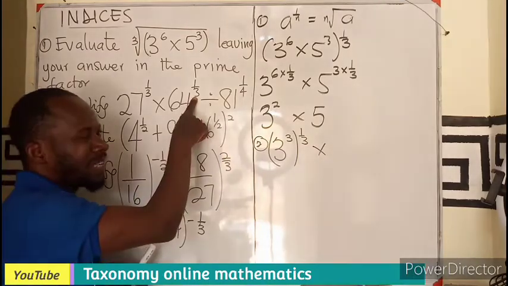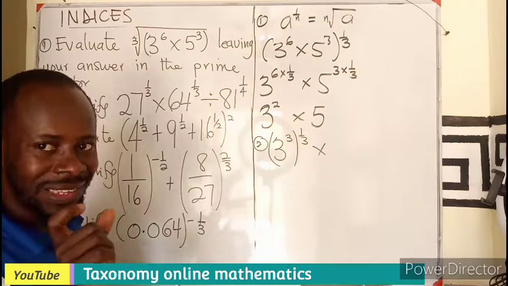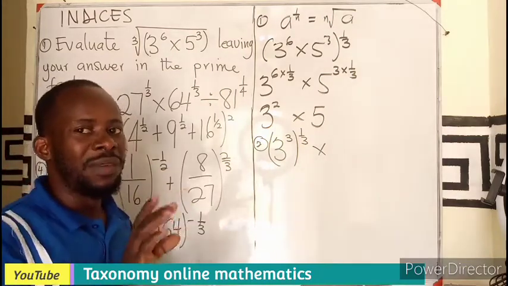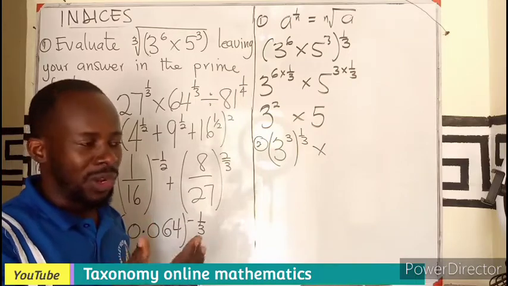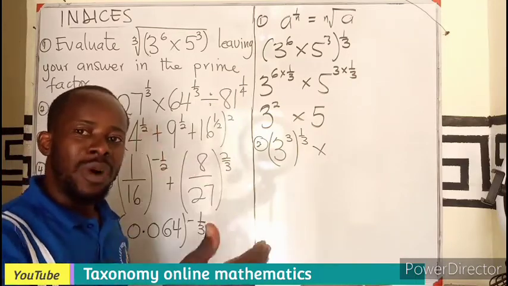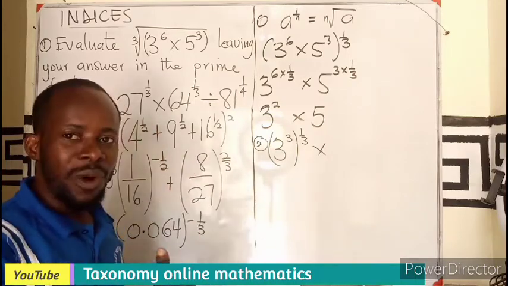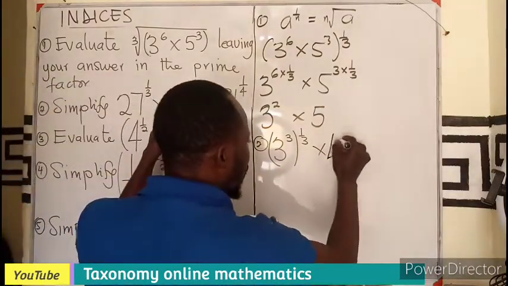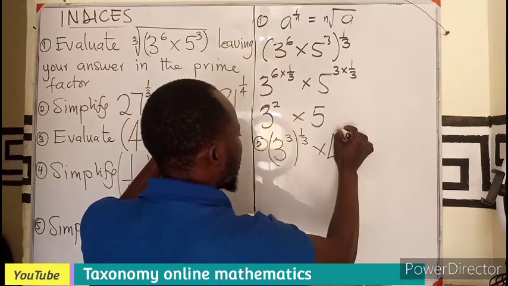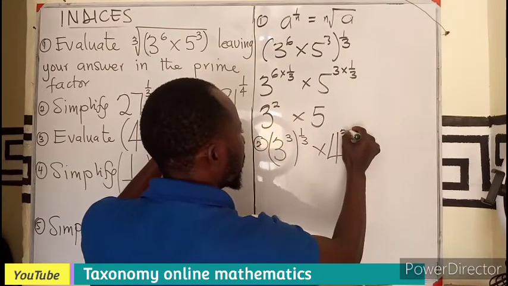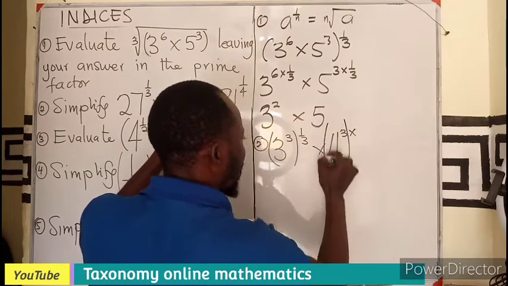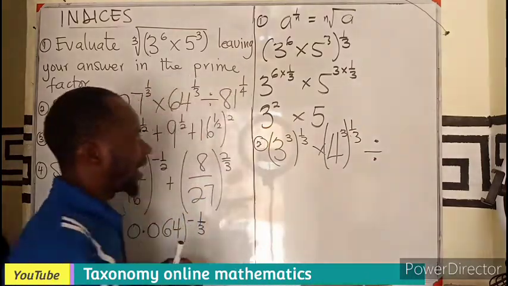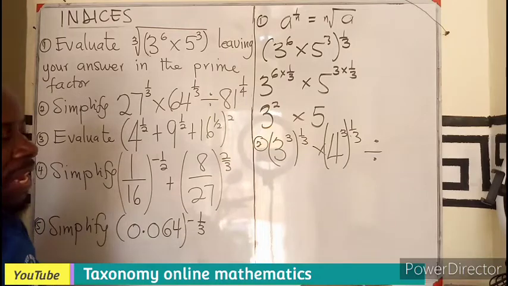I'll only consider the denominator of 3 and see which number multiplies itself 3 times to give me 64. And that will be 4. 4 times 4 is 16, 16 times 4 is 64. So this is going to be 4 exponent 3, all times, let me bring a bracket, 1 over 3, divided by 81. What do we do for 81?